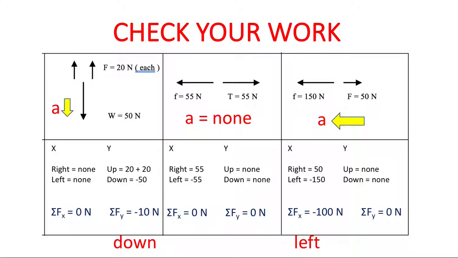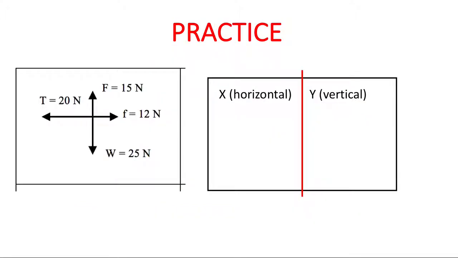These examples are pretty simple, so we're going to make things a little more complicated. On the next row, you have some examples that have a lot more arrows. We follow the same process. So, in the x dimension, we ask ourselves, are there any forces pointing to the right?